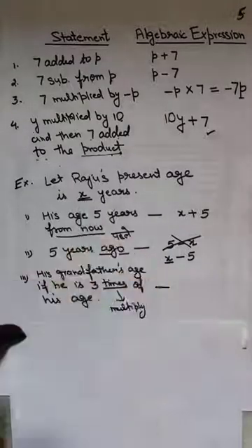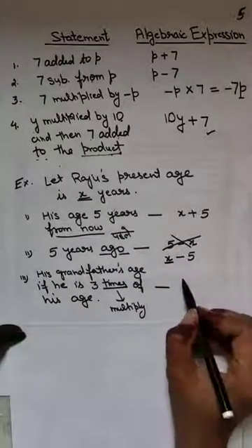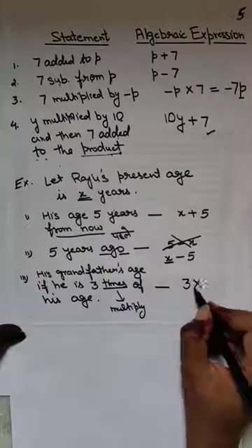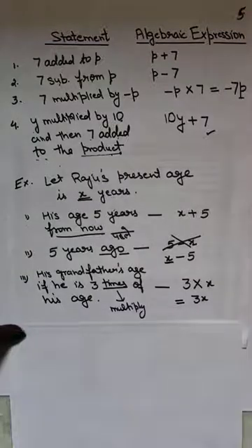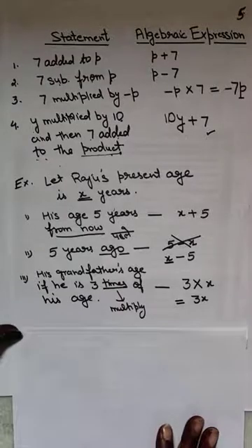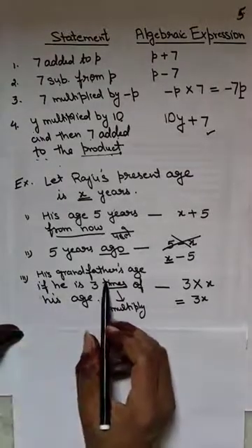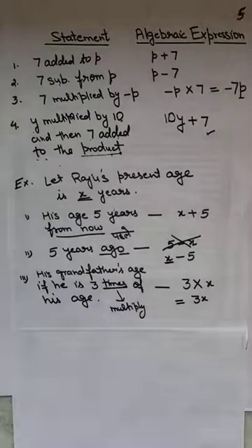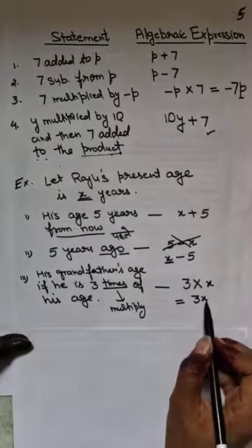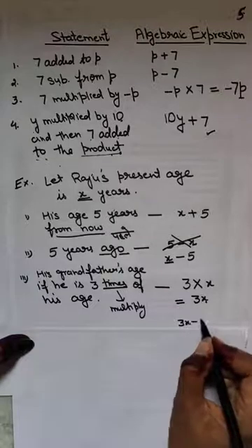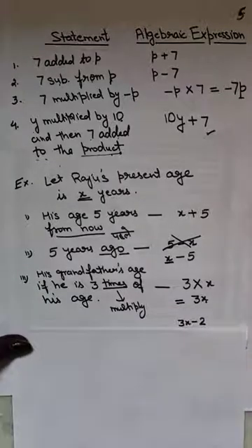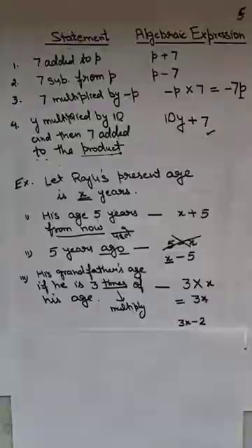And his age is x years. It means his grandfather's age is 3 multiplied by x, which is equal to 3x. In the same way, younger means chota. If his grandmother is 2 years younger than his grandfather, how will you find out? 3x is the grandfather's age, and the grandmother is 2 years younger, so subtract 2 from that: 3x minus 2. This is the grandmother's age.